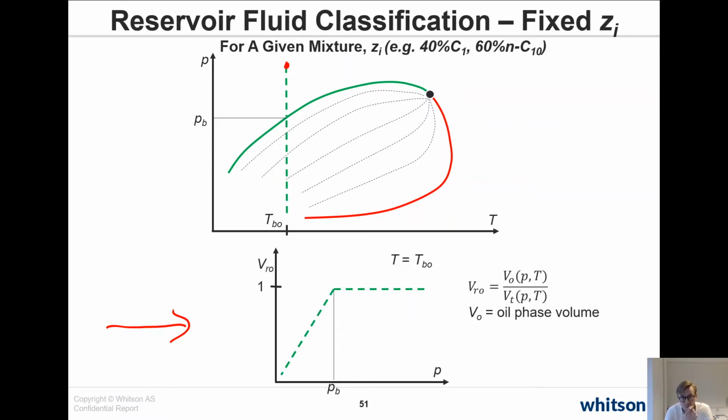Then below, in the two-phase region, we get a relationship that's linear. We mentioned this earlier for a particular type of reservoir fluid, which is black oil. That's also why when we plot this, the temperature here is temperature TBO. So this is the black oil system, and this right here is what we call Pb, which is the bubble point pressure.